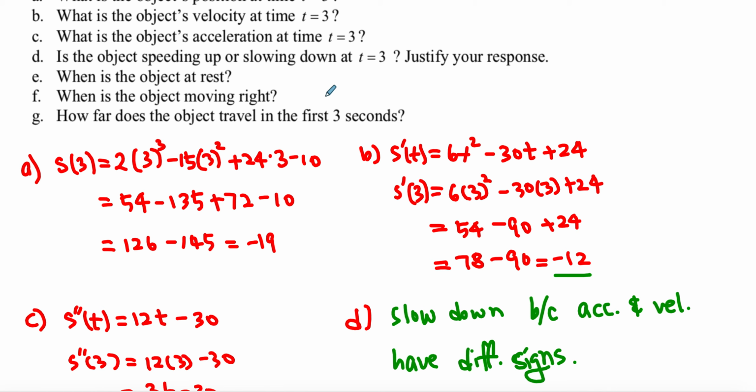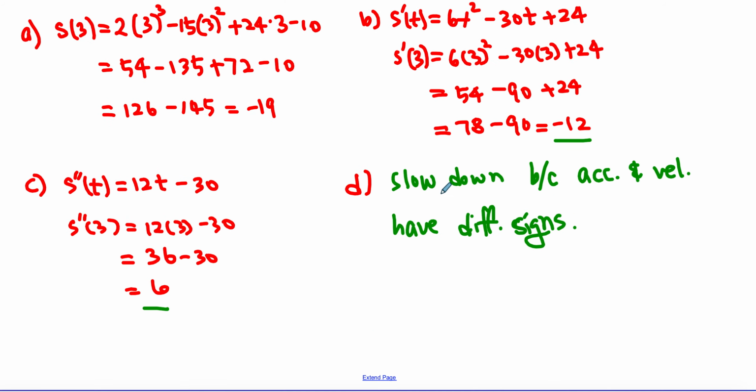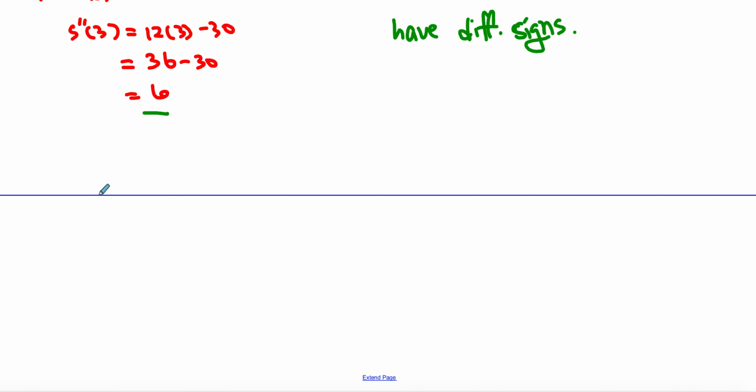Now, when is the object at rest? At rest, velocity is equal to 0. So then I have to set the first derivative equal to 0. So here it goes, e, and then s prime, which is equal to velocity. We have to set that equal to 0, which was 6t squared minus 30t plus 24.